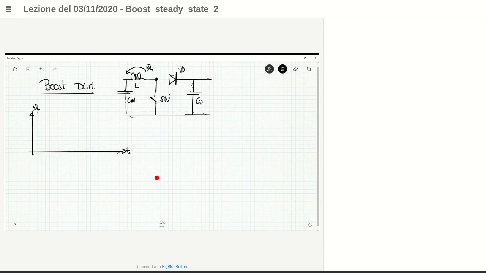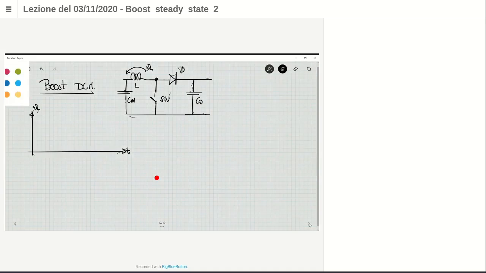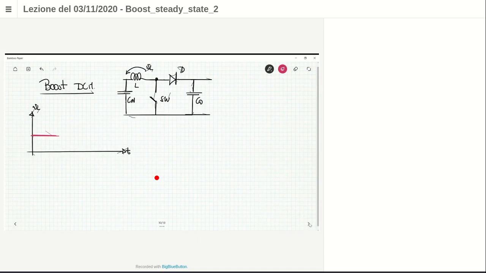In that situation, VL is simply the same as Vin. And this happens for the time interval T1.